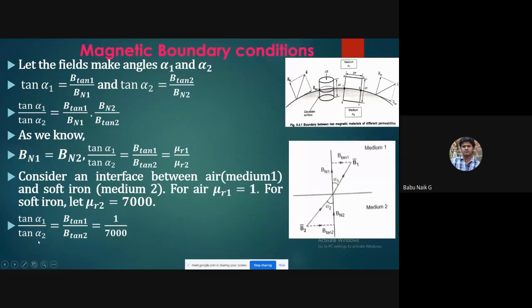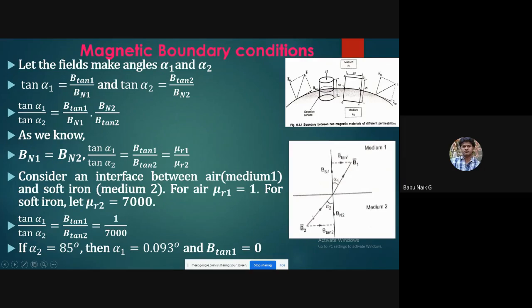Tan alpha 1 by tan alpha 2 is equal to B tan 1 by B tan 2, the tangential components, which is nothing but mu r1 is equal to 1 for air, and similarly mu r2 is equal to 7,000, so 1 by 7,000.